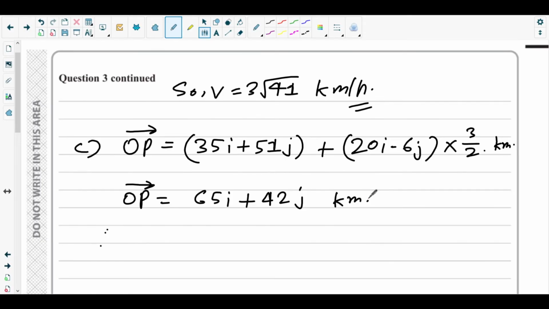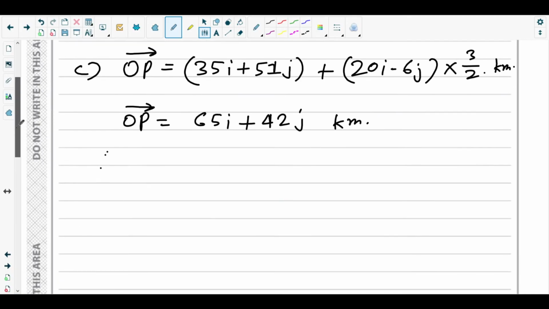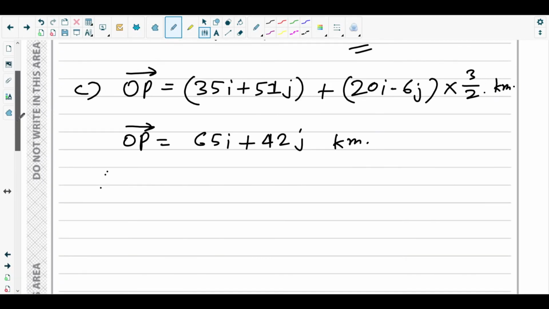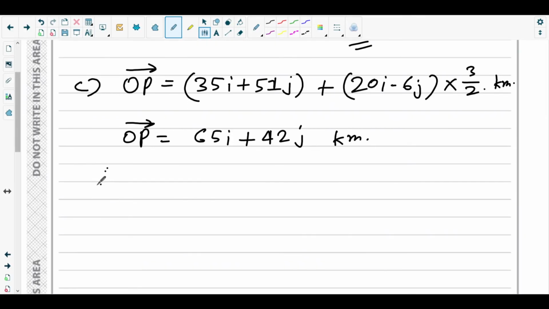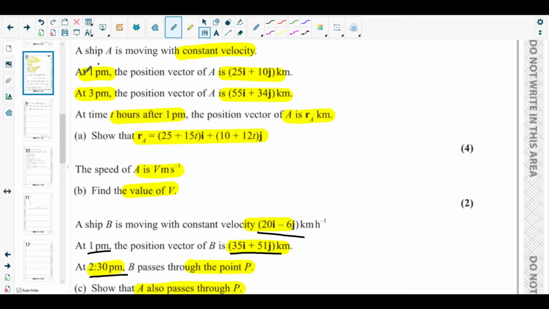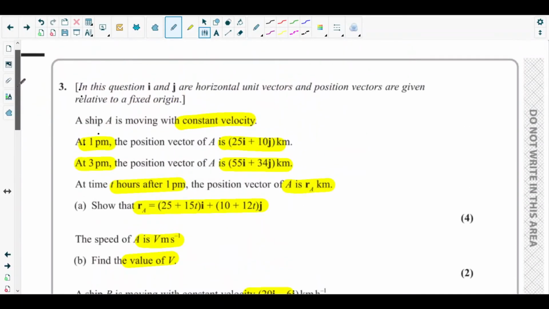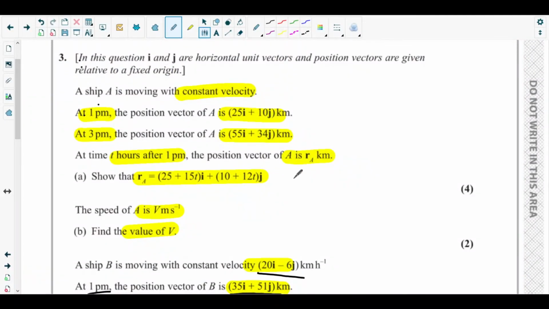So the position vector of point P is 65i plus 42j. Fine. Now we need to show that ship A also passes through point P. If ship A passes through point P, that means the position vector of ship A that we found in part A will be equal to the position vector of point P, right?